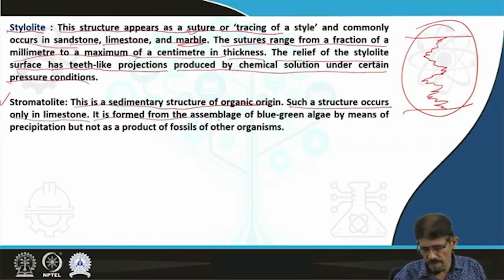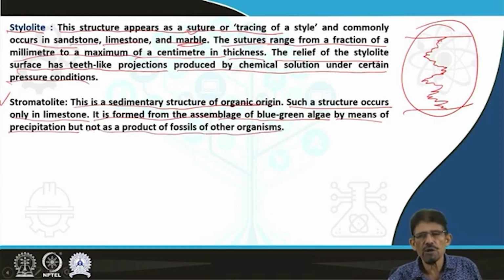It is formed by assemblage of blue-green algae by means of precipitation, but not as a product of fossil of an organism. The stromatolite is not a body fossil, but it is the work of algal communities, and we believe the cyanobacteria are responsible for the formation of such structures also. But the stromatolite is popular as an algal form.